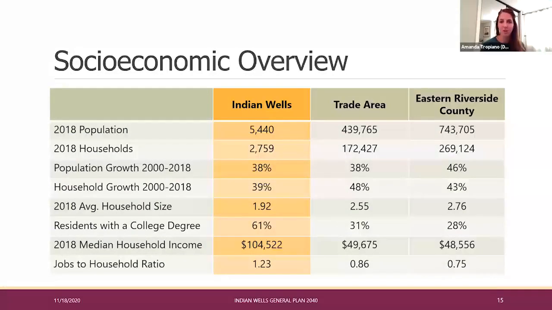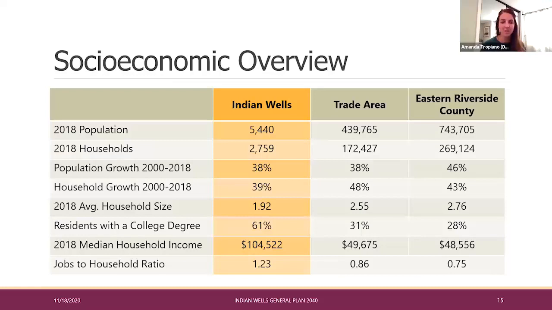So this is a socioeconomic overview and just a quick summary of how your community relates to the broader trade area and to Eastern Riverside County as a whole. So in 2018, the city of Indian Wells had a population of around 5,500 people, 2,700 households.